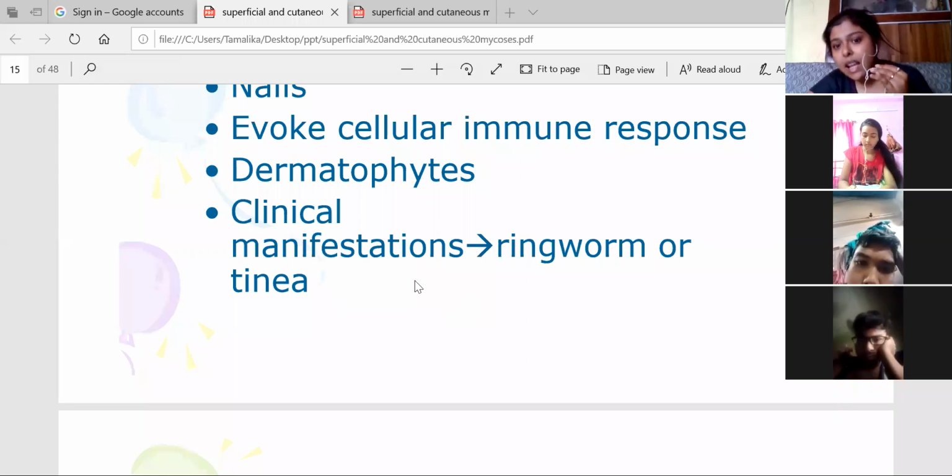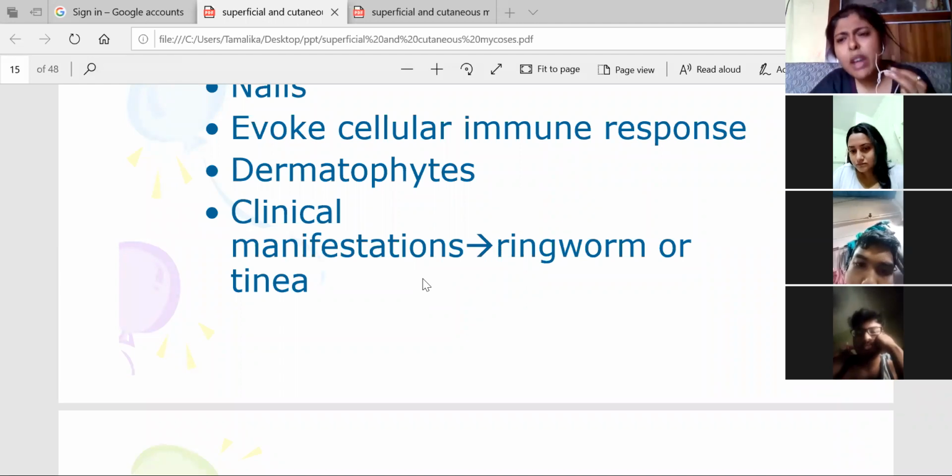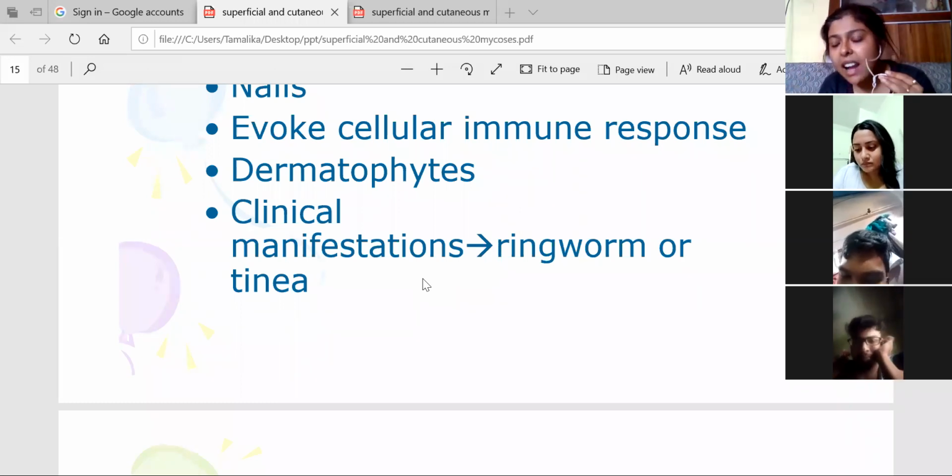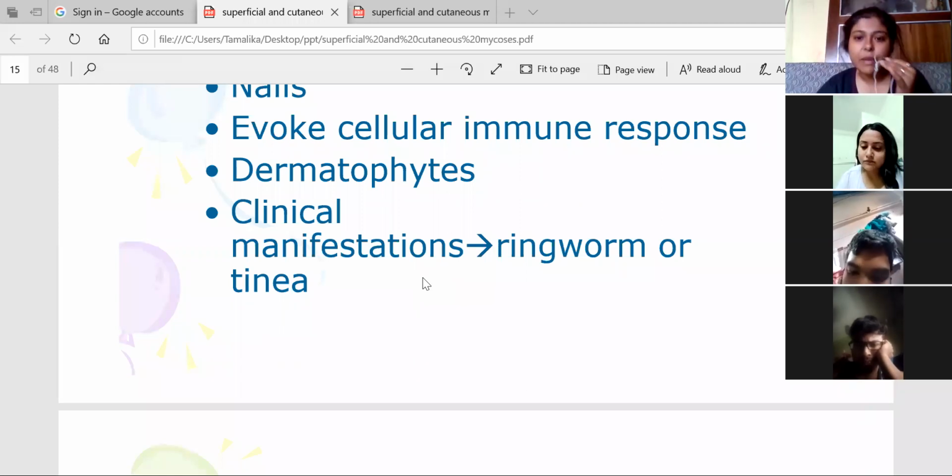One of the greatest examples you may know is ringworm. Have you ever seen a round-like structure on the skin? Yes, ma'am, usually you apply Candid B to remove it. So that is your ringworm, or tinea. We call it tinea.